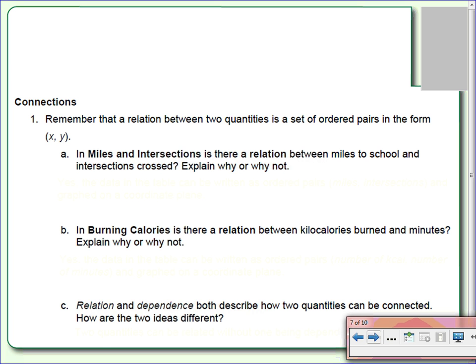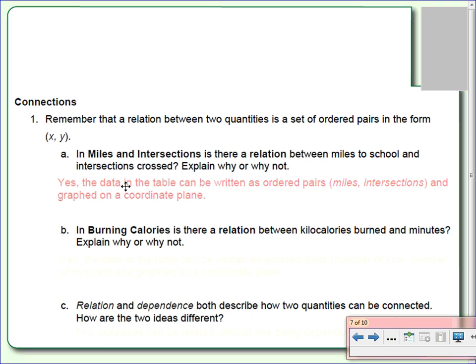Relation is a set of points or ordered pairs. Did we have a set of ordered pairs in miles and intersections? Yes, we did. Was there any kind of pattern in those points? No. But did we have ordered pairs? Yes, sure we did. So yes, we did have a relation.